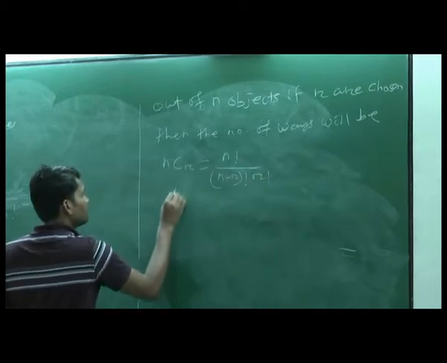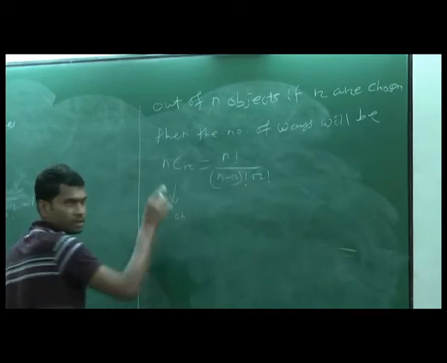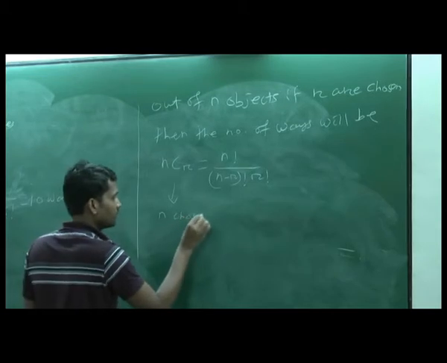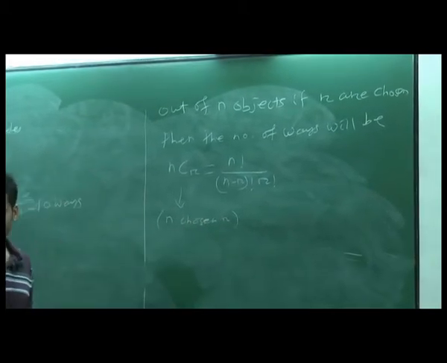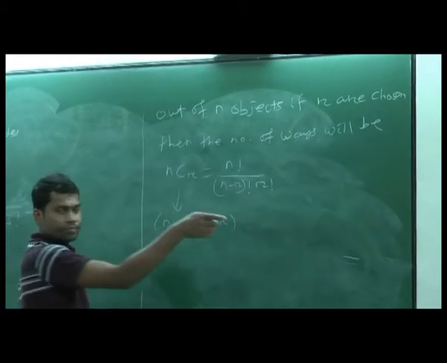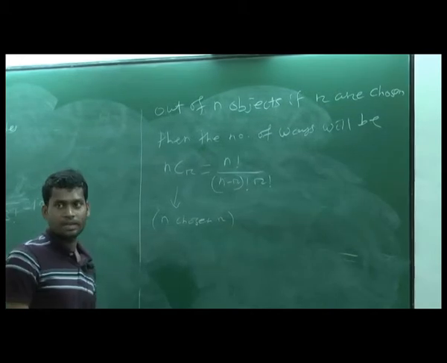This is called n chosen r, or n combination r. There is permutation here, and combination, or n chosen r you can say.